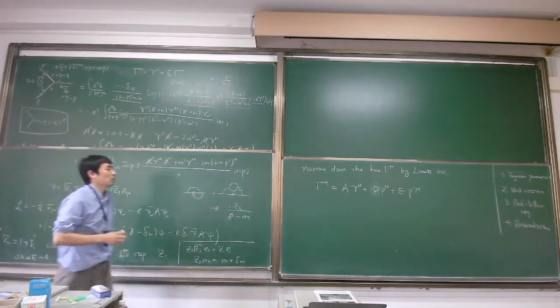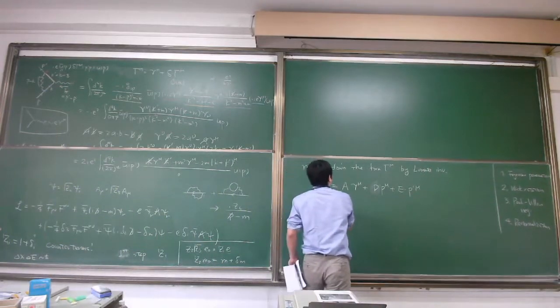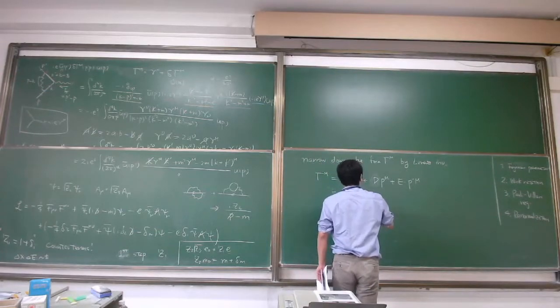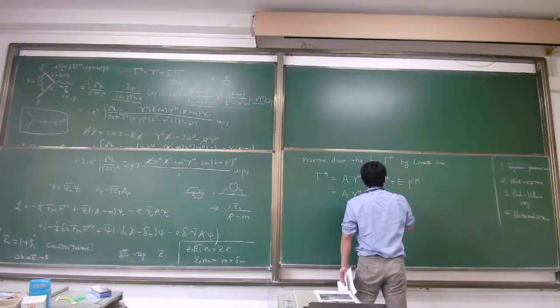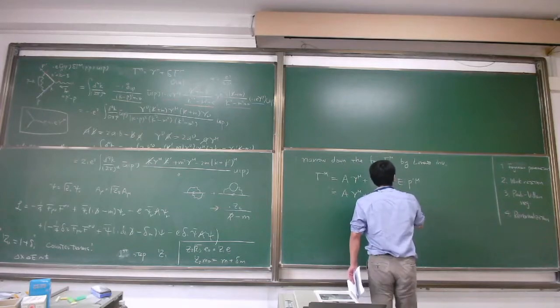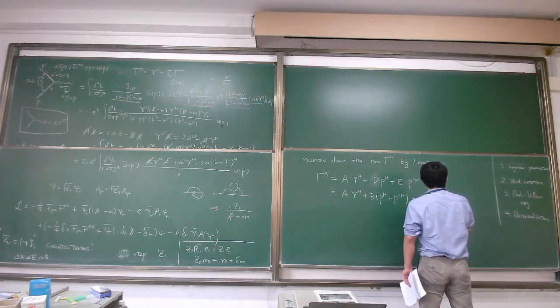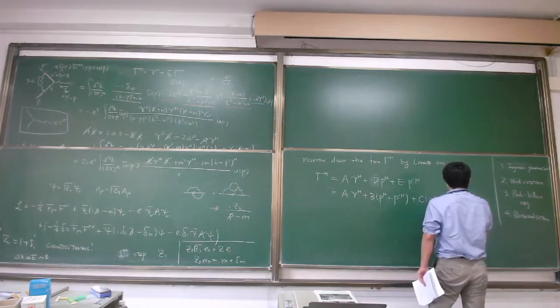Okay. And then we can manipulate this one into the following form. I mean, just a linear combination. C minus B prime. Okay.